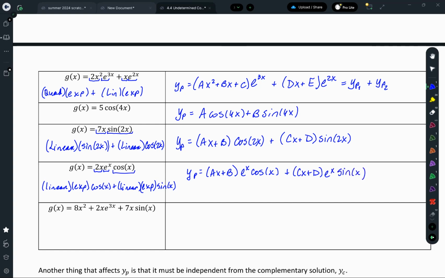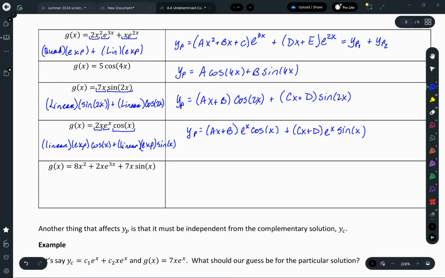Okay, last one looks like a sum of three things, and so remember, we have to have three individual particular solutions summed together. So the first one is quadratic, the second one is a linear times an exponential, the third one is a linear times a sine.